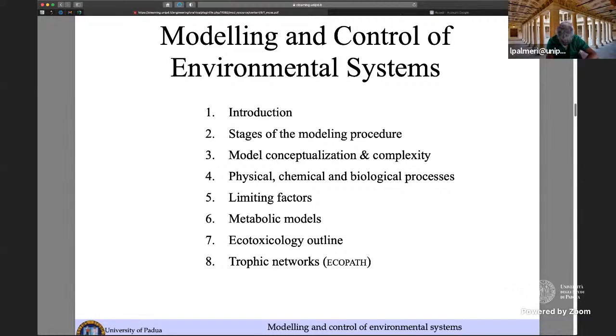Understanding the behavior and the role of these limiting factors, as we will see, is of utmost importance in order to build a consistent description of an environmental system or of a living system.